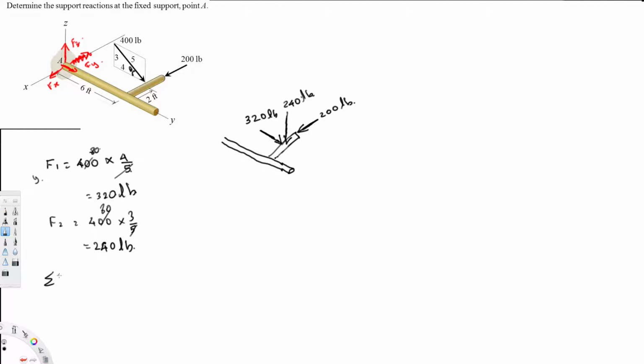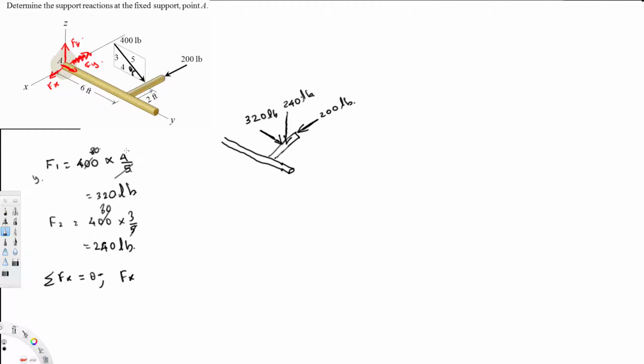If I take sigma Fx, it's 0 in statics. So I have to respect the xyz directions that are given in the diagram. If something goes against it, it's going to be negative. If something goes along with it, it's going to be positive. In this case, Fx is positive, because I took the direction along the x-axis.